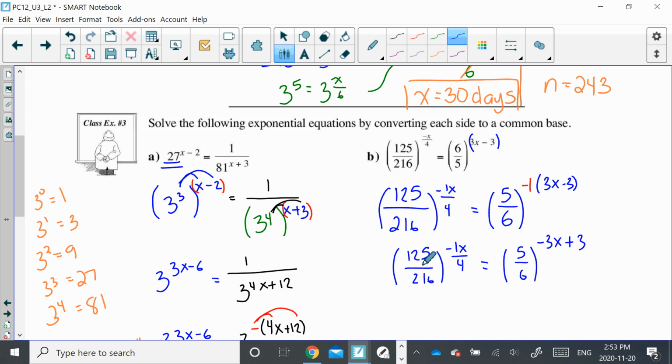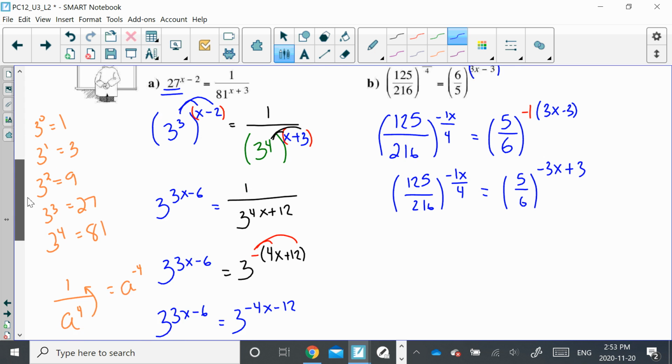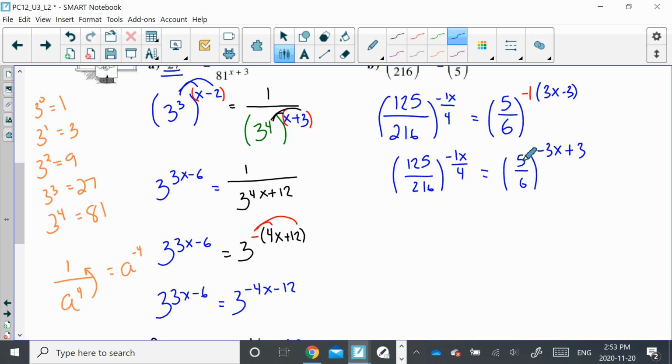Now I could rewrite this 125 over 216 to be a base of 5 over 6. So 5 over 6, to what power will 5 give you 125, and 6 give you 216? And that answer is 3. 5 to the power of 3 gives you 125. 6 to the power of 3 gives you 216.